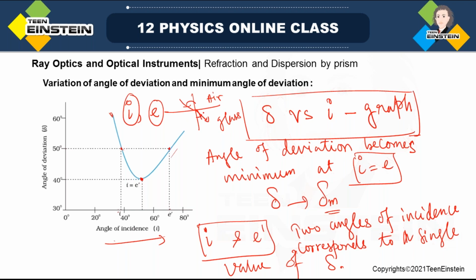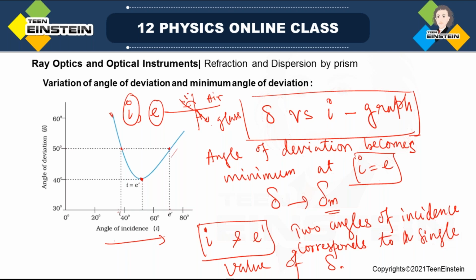Now if you want to do the experiment the reverse way, that means you pass your light from glass to air, the deviation will be the same. That means what?